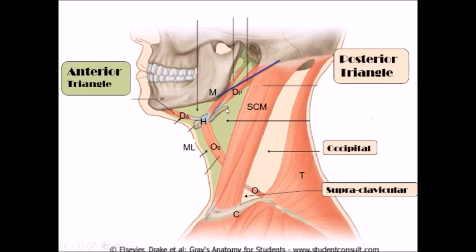Coming to the smaller triangles within the anterior triangle, one is the muscular triangle. This is called the muscular triangle.